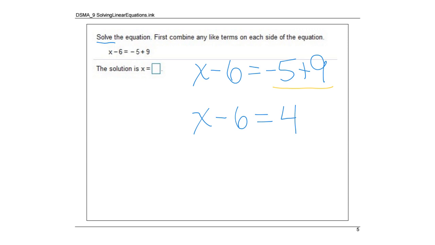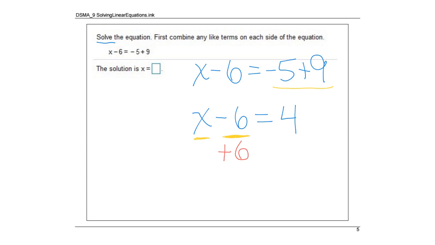Now what we want to do is we want to have the variable on one side. I like on the left side, but it doesn't matter which side. So the variable on one side and all of the numbers on the other side. So I want to make sure that I have x all by itself, but I don't want this -6. Well, the way to get rid of the -6 is to do the opposite. So I'm going to actually add 6, right?